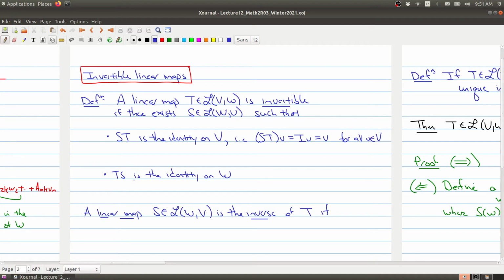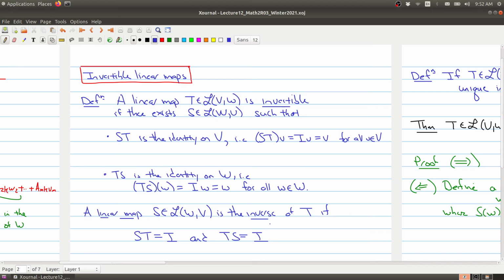And when you look at the other way, you first plug something in W into S, which gives you something in V, and then you plug it into T to get something back in W. This should be the identity on W. So if I take any element in W, that should behave the same way as applying the identity, and you get W for all W in W. We say a linear map S is the inverse of T if ST is equal to the identity and TS is equal to the identity.